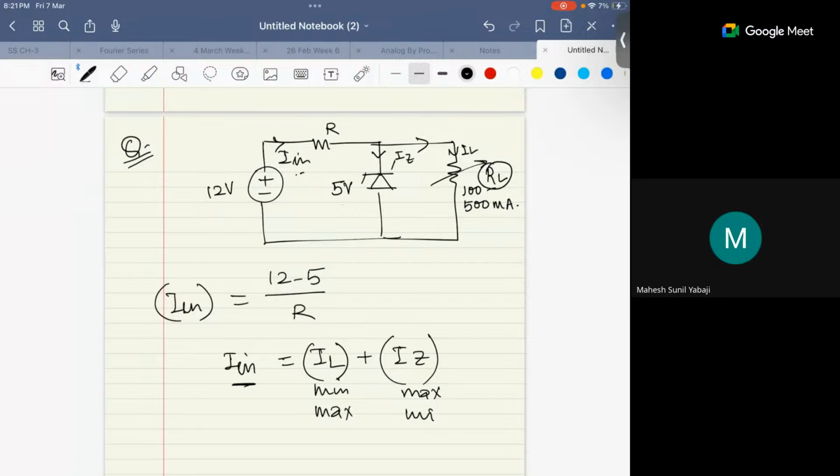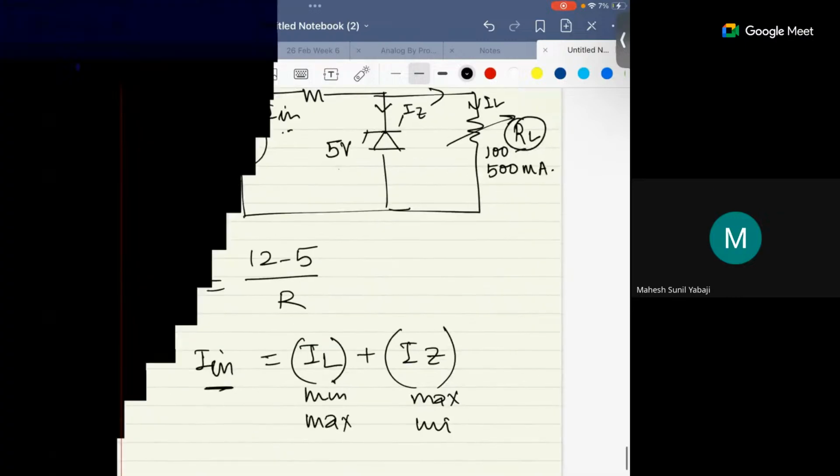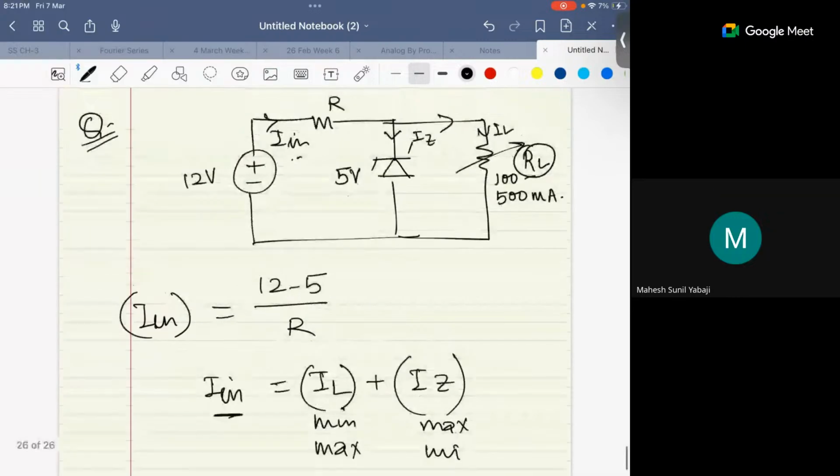What will be the range of RL? See, I told you, right? This is a circuit working as a Zener diode with breakdown, so you can just replace it with 5 volt. IL will be 5 divided by RL, right?